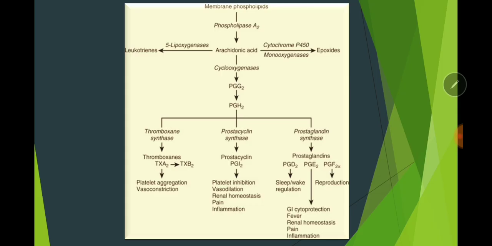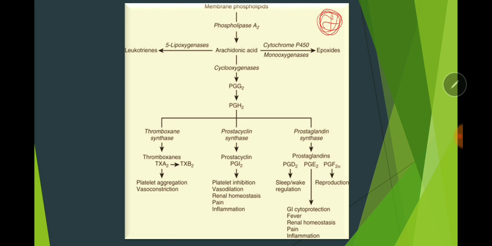Okay. All right. So here we're going to go through some of these schematics. These schematics are found in several articles, especially this one, which is found in many articles. So now we're going to discuss how arachidonic acid is metabolized.